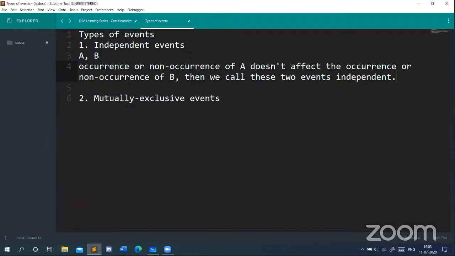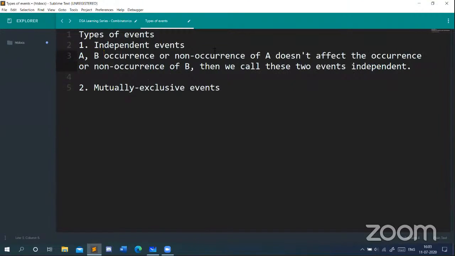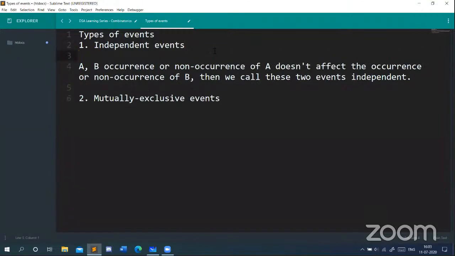Right. So if I have two events, A and B, and if the occurrence of A does not affect the occurrence or non-occurrence of B, and the occurrence or non-occurrence of B does not affect the occurrence or non-occurrence of A, then we call these two events independent. And if that sounds like a mouthful, then I'll just say that if whether A happens or not does not affect whether B happens or not, we'll call them independent.